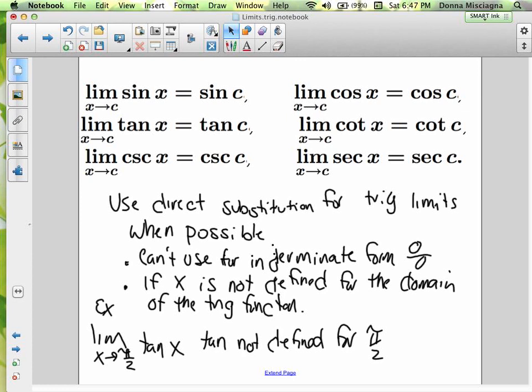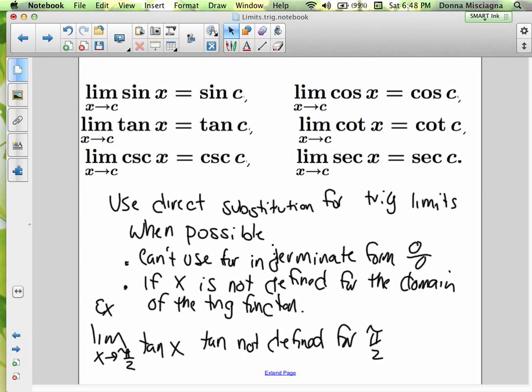And in this case, the limit as x approaches that value is going to equal the function at that value. But we know sometimes we have an indeterminate limit. And we can't use direct substitution for an indeterminate form when we have 0 over 0 is what we end up with. We also can't if x is not defined for the domain of the trig function.